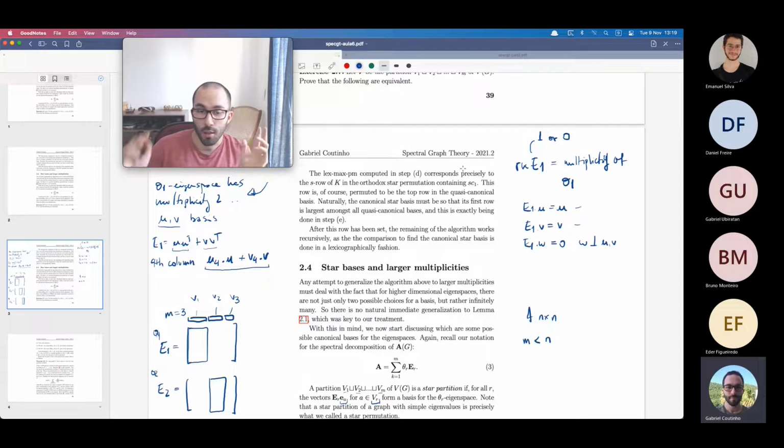So I can diagonalize E sub 1, and I will find a diagonal matrix with 2 ones and the rest 0. So the rank of E sub 1 is 2, which is the multiplicity of the eigenvalue.